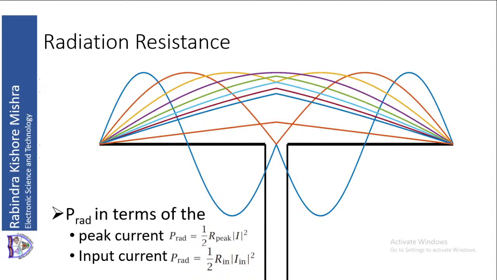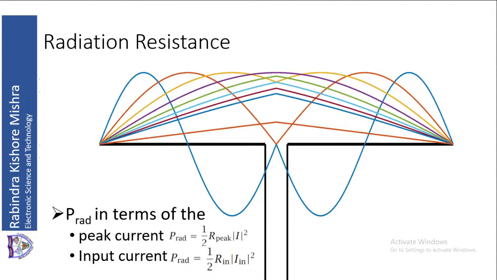But that does not mean that the antenna will not radiate. The antenna will radiate. So power radiated in terms of the peak current, where peak current is maximum at some other point, not at the 0. So in terms of peak current, we can say P rad is equal to 1 by 2 R peak into I square, where I absolute is the current distribution.